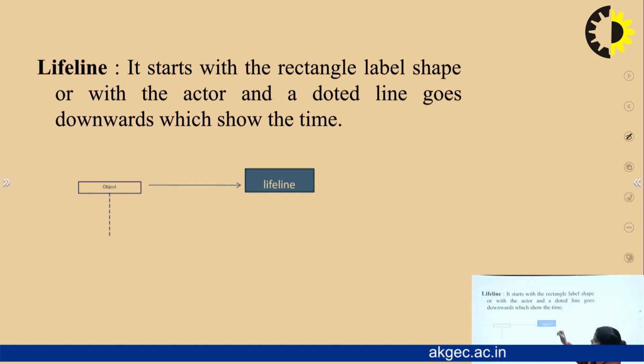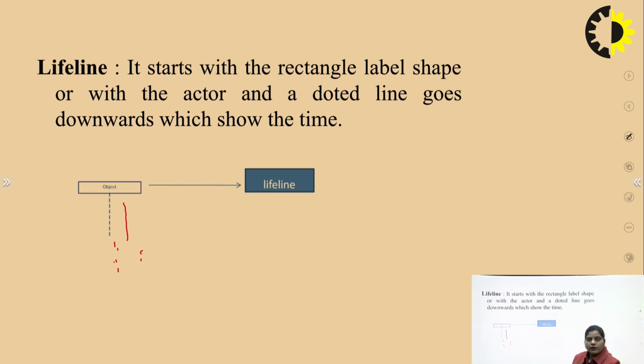It starts with the rectangle label shape, or with the actor also, and a dotted line goes downwards, which shows the time up to which that particular object is going to be interacted with or activated. That dotted line shows the lifeline of that object.